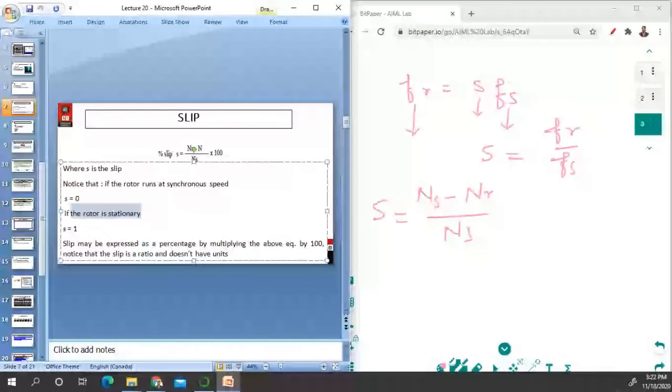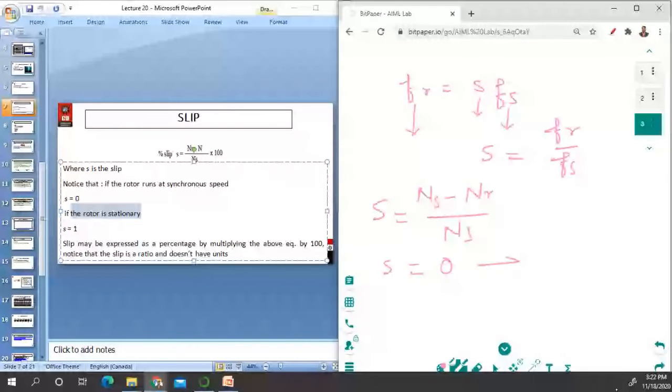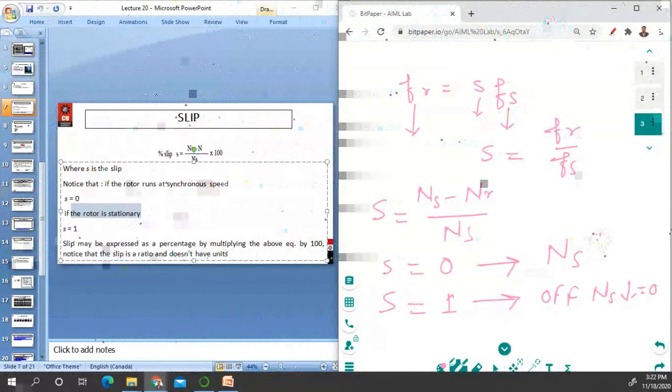If slip is 0, then we are running the motor at synchronous speed. If slip is equal to 1, then our rotor is at standstill, meaning no rotation, and N is 0. Clear? Any doubt till now?